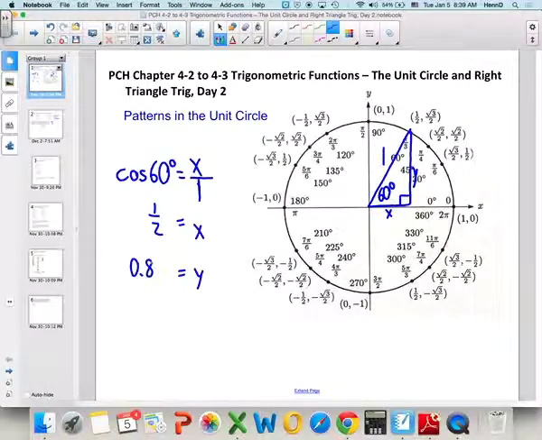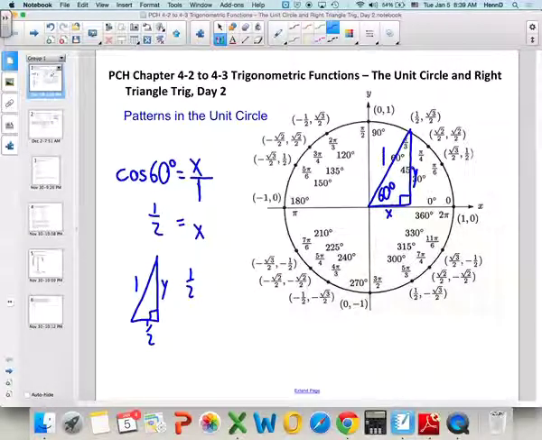But I had told you to make sure that you find everything in terms of the radicals. So rather than using sine and coming up with a decimal like that, at this point you could use the Pythagorean Theorem with the 1/2, the 1 for the hypotenuse, and then the y.